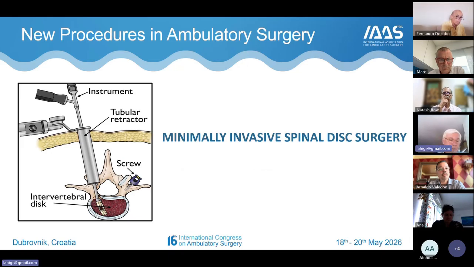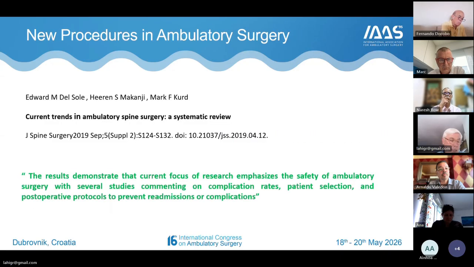Another example, spinal disc surgery with a minimally invasive approach. I can show you this article, Current Trends in Ambulatory Spine Surgery, a systematic review.